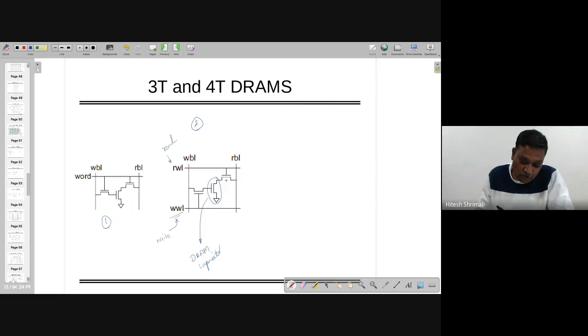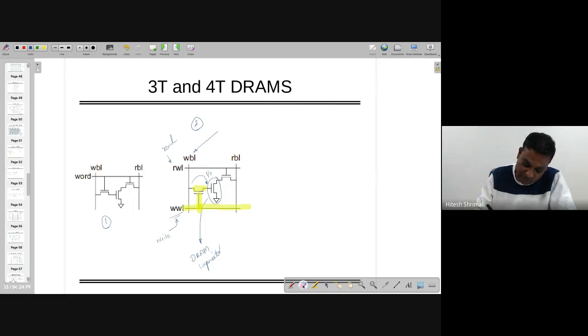So when you are writing it, you have to make sure that WWL has to be on so that it makes the connection over here. And depending on what value of the write value is here, that is going to be written over here, either logic 1 or 0.